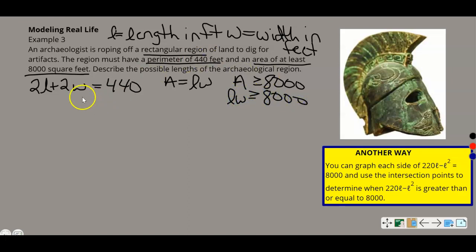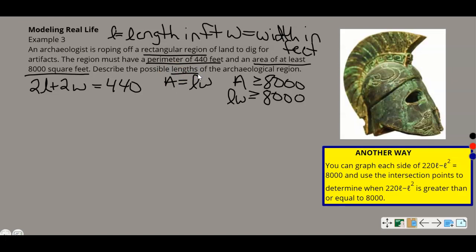Instead of writing area, I'm going to put length times width, because both my perimeter and my area are represented by length and width, and that way I can rewrite one of them so that I can compare them in one variable. If we can solve for one variable, we could solve for both. But since we're looking for length, that's what we'll solve for.